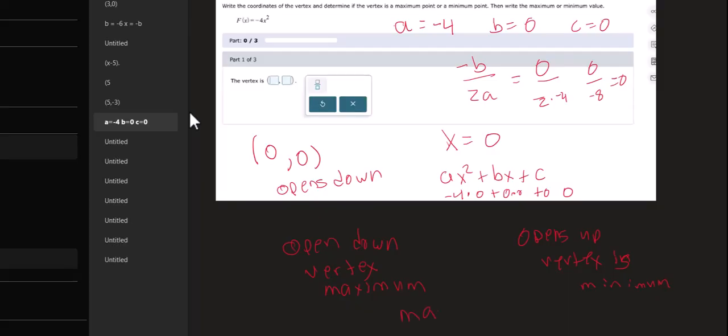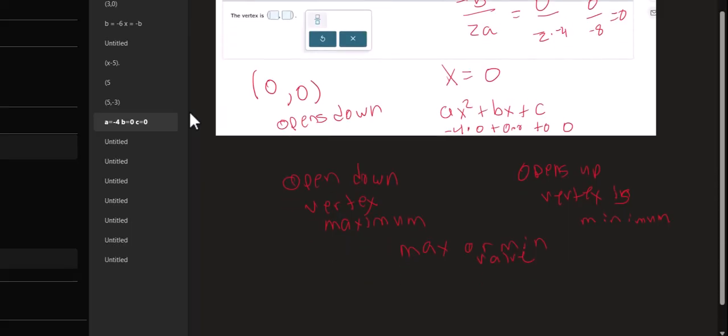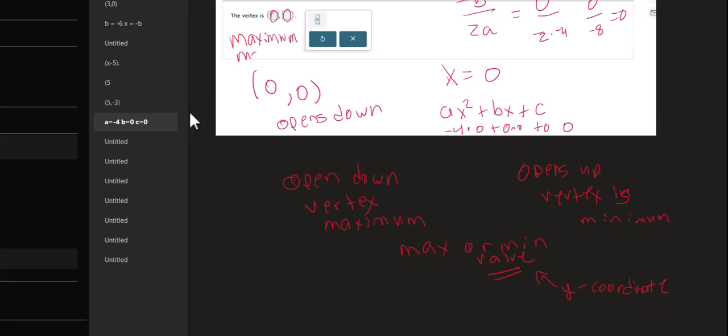And the max or min value, anytime you see the word value, that's a y-coordinate. In this case, they turn out both to be 0, but the maximum or minimum value is the y-coordinate. So the vertex is 0, 0. That is a maximum because it opens down. And the maximum value is 0.